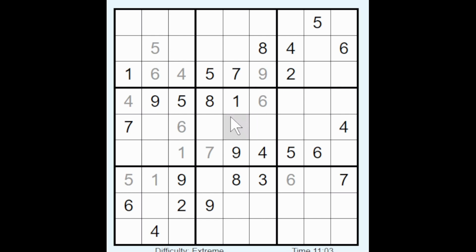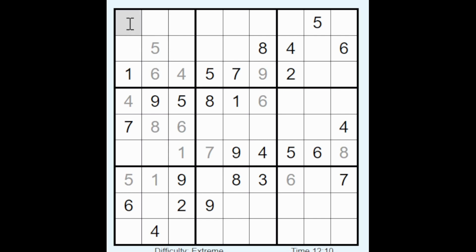And since therefore an 8 can't go in any of these two cells, this 8 blocks these cells. This must be an 8, and this also must be an 8. This 8 blocks these two cells. Therefore, an 8 for this box here must go either here or here, because we have the 8 here, right?